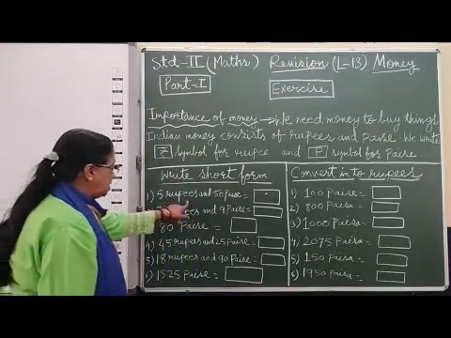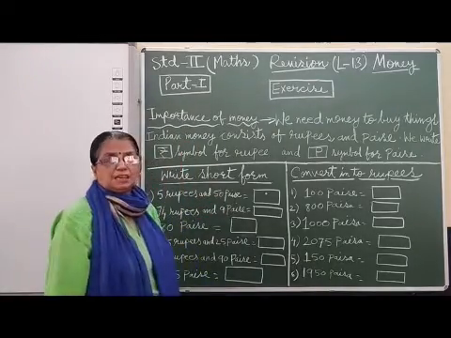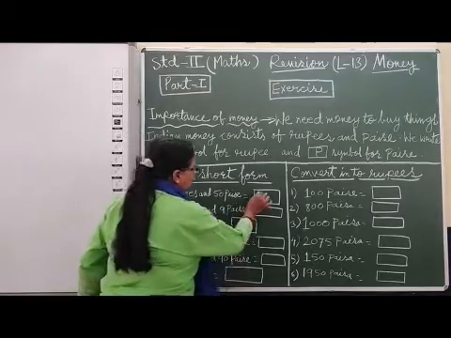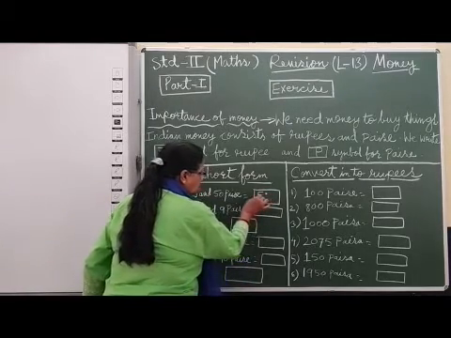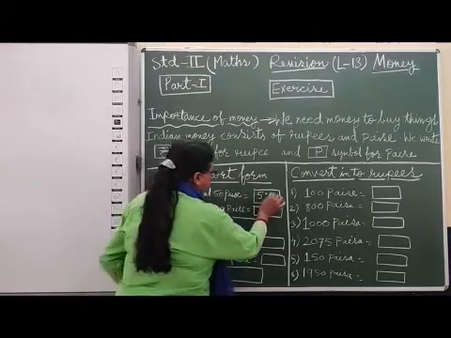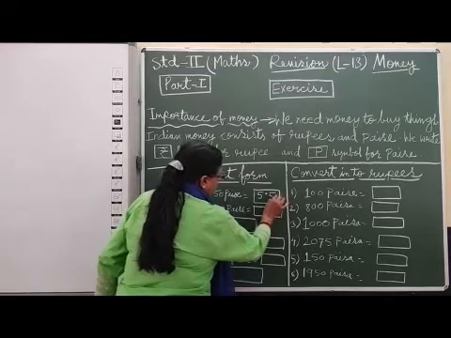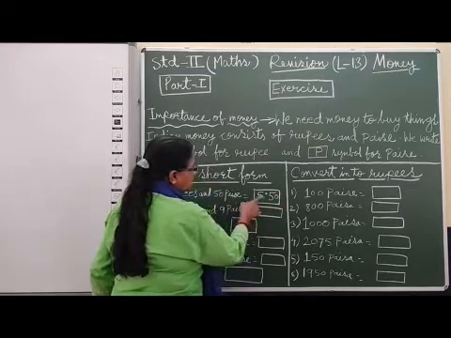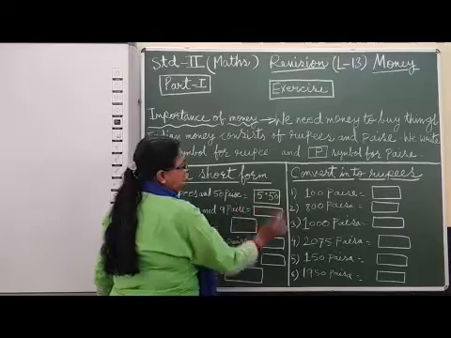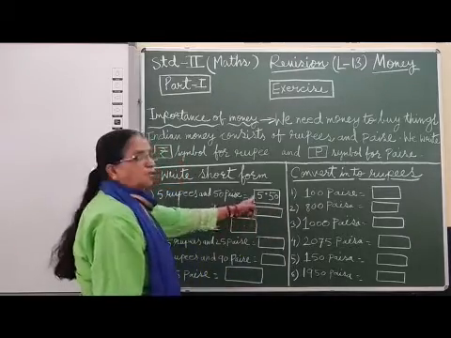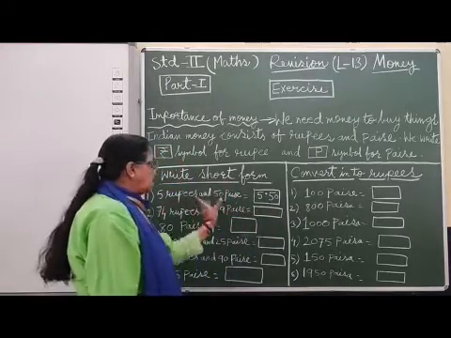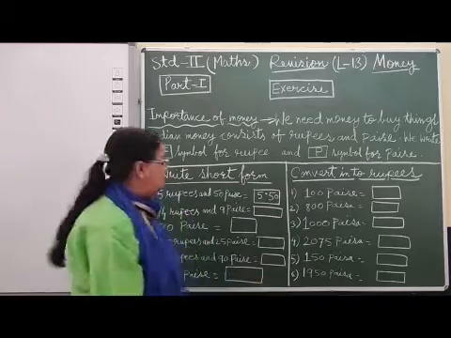Here 5 rupees and 50 paise, so 5 rupees will go before the point and 50 paise after the point. When you read this, it is 5 rupees 50 paise. This is the short form. Here the spelling is given, and we are writing the short form.